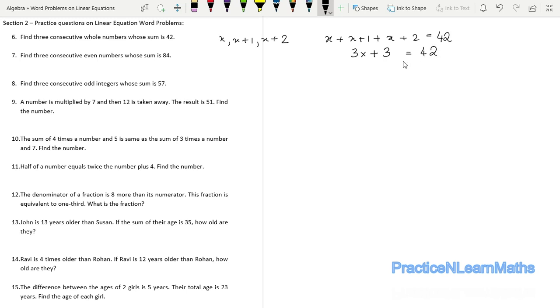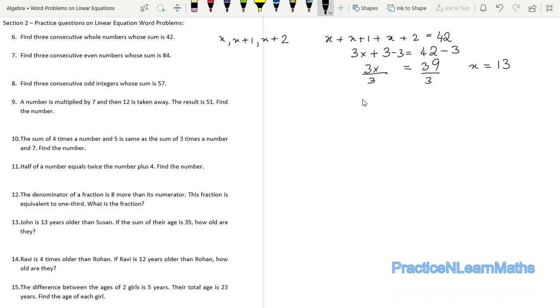Now we solve it the way we have learned it earlier. We subtract 3 from both sides, we get 3x is equal to 39. Divide both sides by 3, we get x is equal to 13.